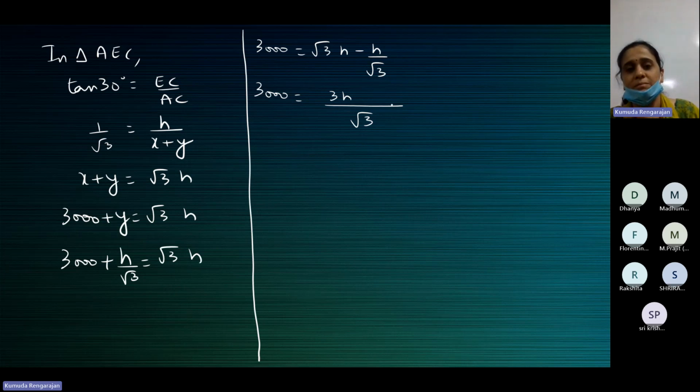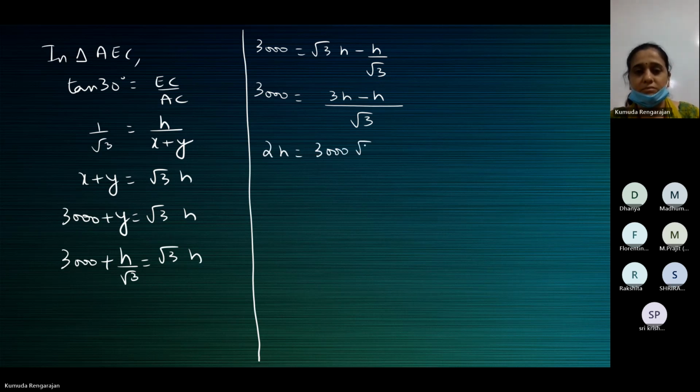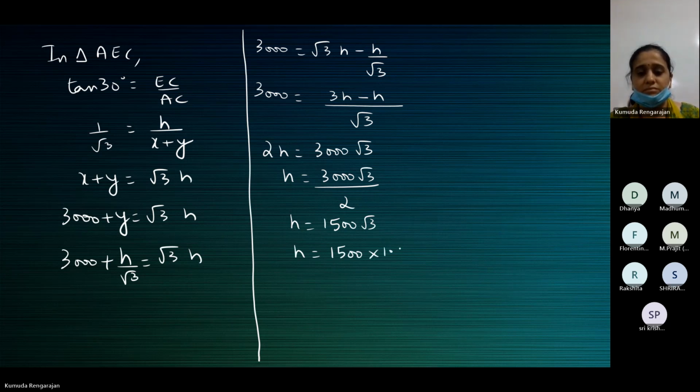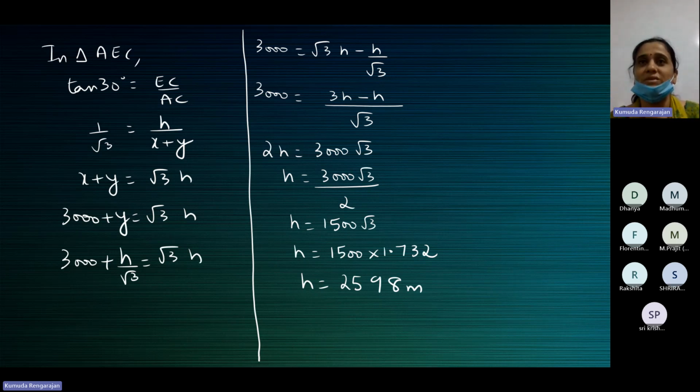H can be taken out common. So the jet is flying at a height of 2598 meters from the ground.